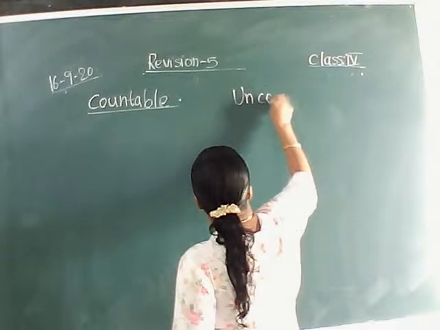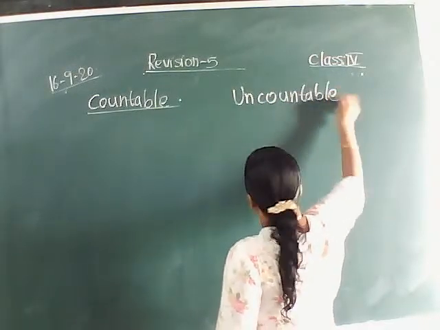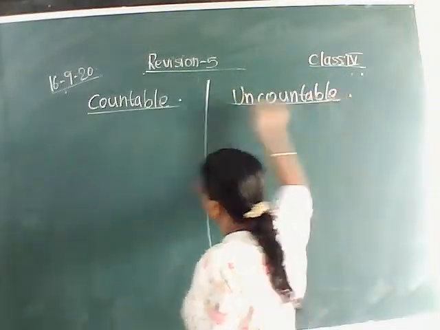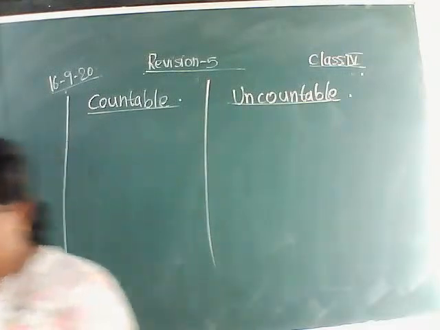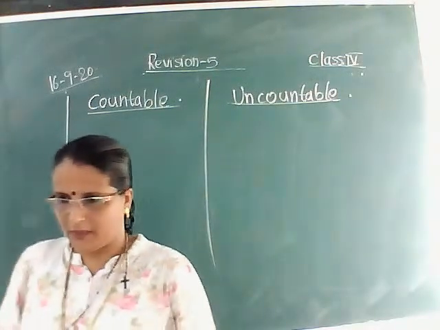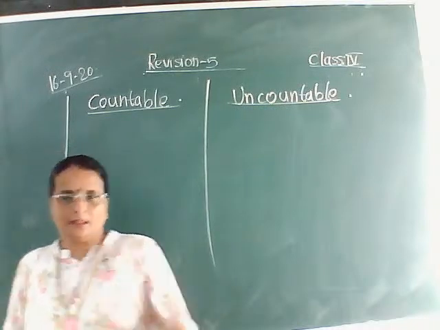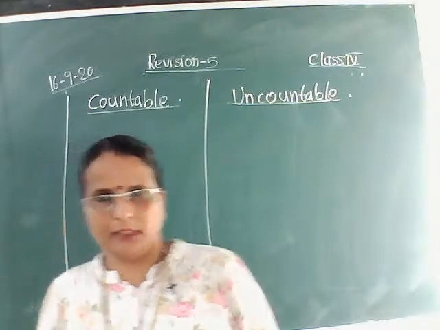We have studied about countable and uncountable nouns in detail already with the help of a presentation. So now let's see very quickly what is countable and what is uncountable nouns.